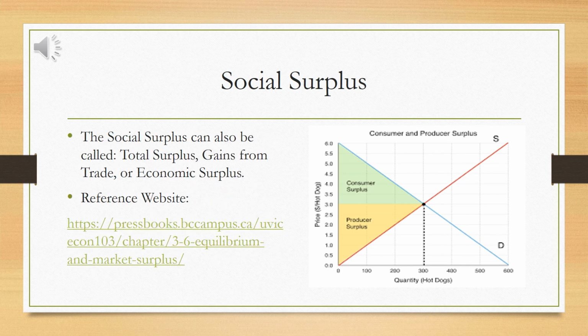The social surplus can also be called total surplus, or gains from trade, or even economic surplus. It really depends on which economics book you are studying from. I found the graph aside from the following reference website.